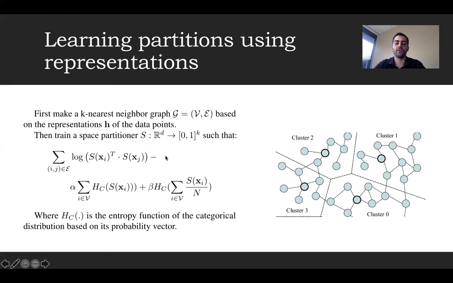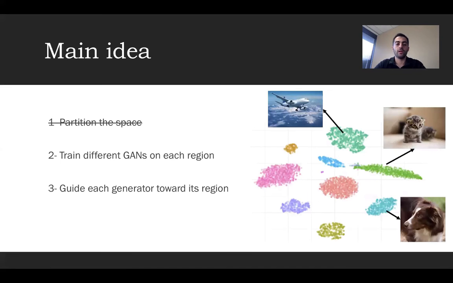This is the objective function that we use to train the neural network. Okay. So now that we are done with how we do the partitioning of the space, let's discuss the challenges of training different GANs on each region of the data.